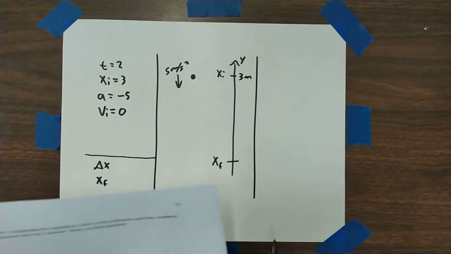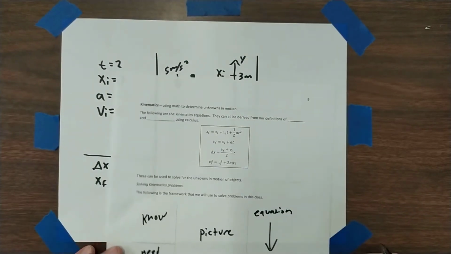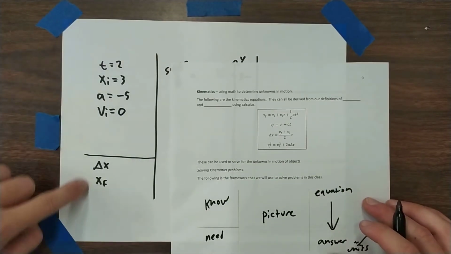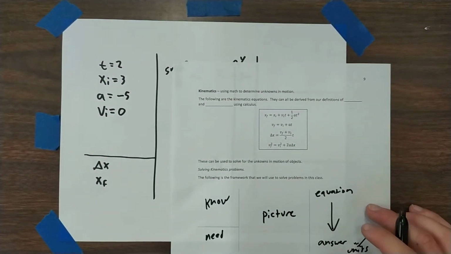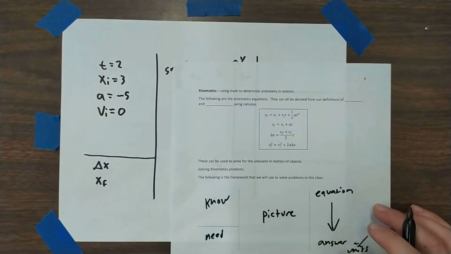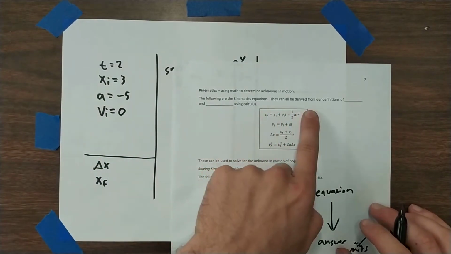Here's my picture. My next step is looking at my equations, so I'm going to do that here. I'm looking for an equation that just involves things in this column. These are my options. I've got t, x initial, a, v initial. These last three all have v final in them. I don't have v final anywhere here, so I'm going to use the first one.